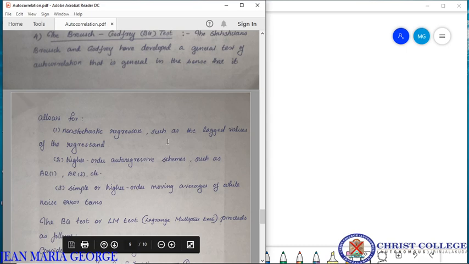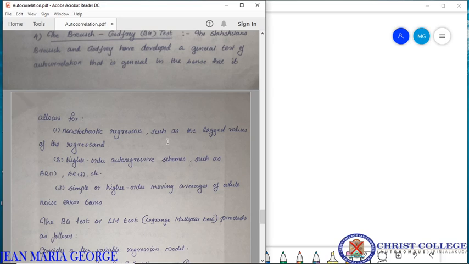First, this test is applicable for non-stochastic regressors, so lagged values of the regressors. We have already said in the assumptions of the D statistic that the regression analysis should not include the lagged value of the dependent variable. Hope you remember that. Here this BG test need not focus on that particular assumption.